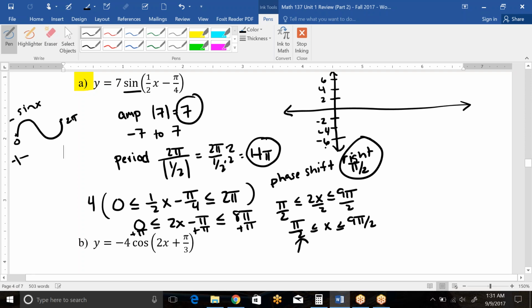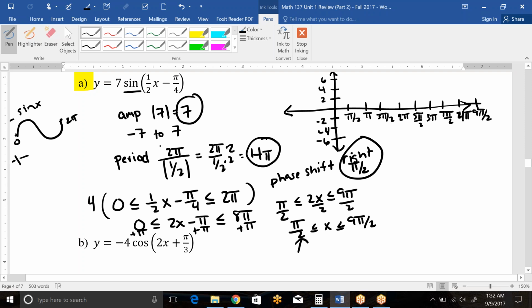Obviously 7 will be a little bit above and below those. On the x-axis we have pi over 2, pi, 3 pi over 2, 2 pi, 5 pi over 2, 3 pi, because that'd be 6 pi over 2, 7 pi over 2, 8 pi over 2 is 4 pi, and I need to go all the way up to 9 pi over 2. So this tells me how far I need to label if I have my start and ending.